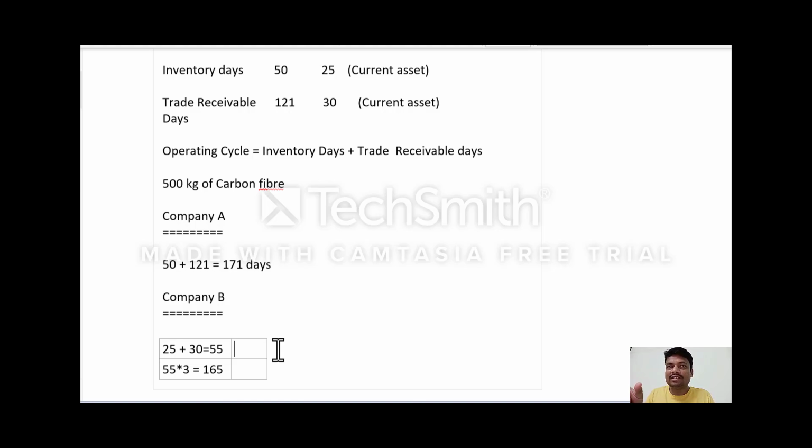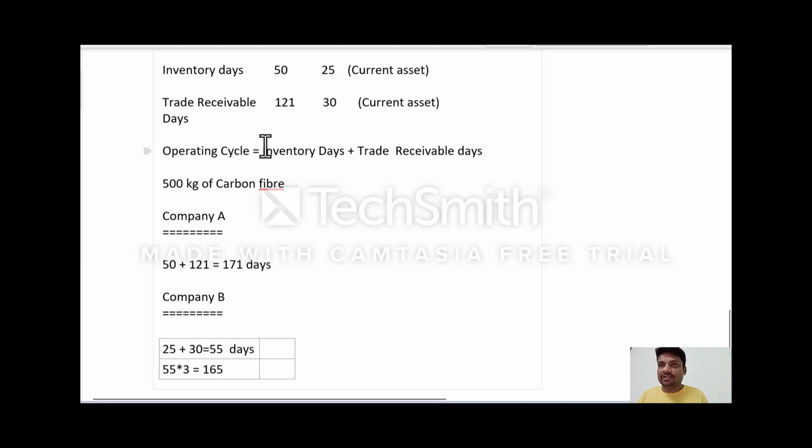So this is one aspect; there are other aspects also. As we clearly understood, company B is making efficient use of its current assets and current liabilities and making the profit thrice. If I have not made it clear, let me repeat once more. Company B has only 55 days of operating cycle. The operating cycle means the day when raw material is purchased to the day it is converted to finished goods, sold, and cash is collected.